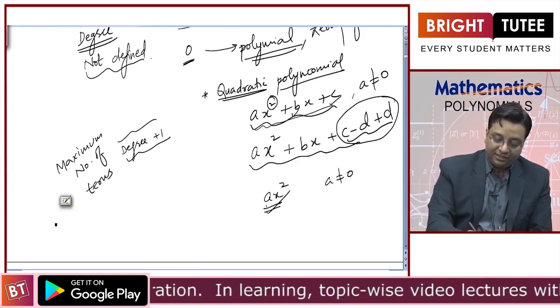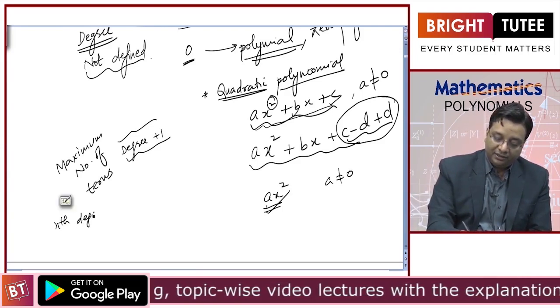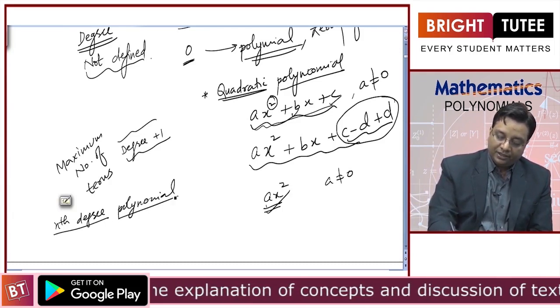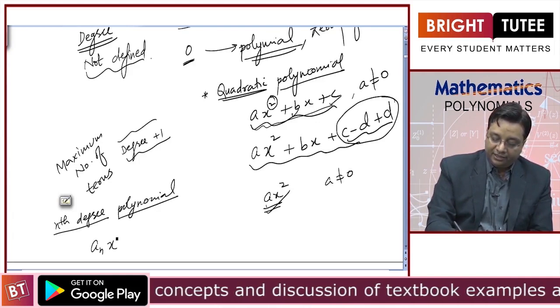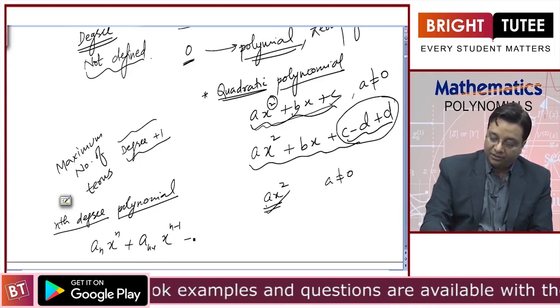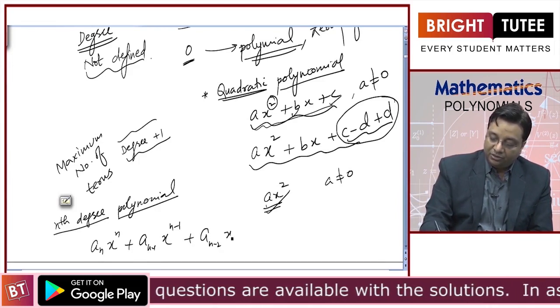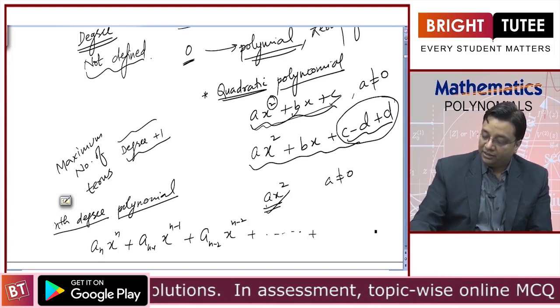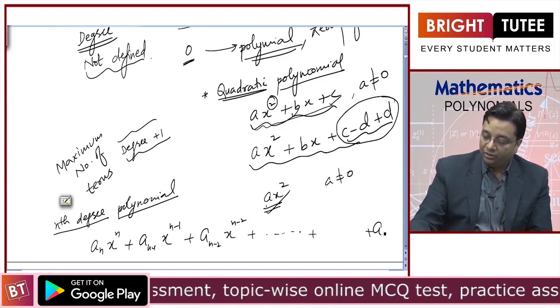So, if I write nth degree polynomial like this, a n x raised to power n plus a n minus 1 x raised to power n minus 1 plus a n minus 2 x raised to power n minus 2, and keep on going like this. In the end, I will have a naught.